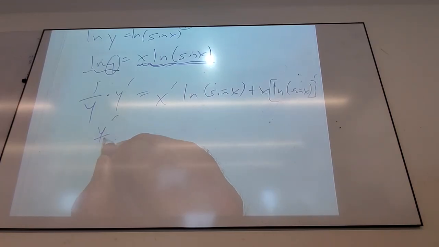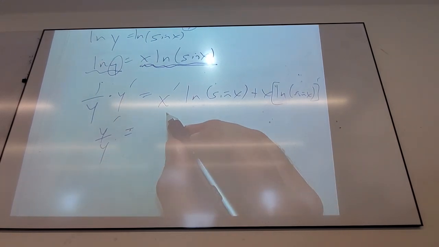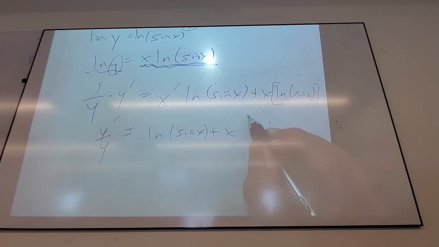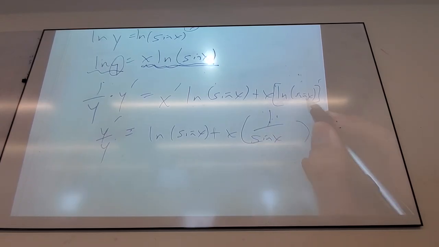So here I get y prime over y, like Paola said I should write it, and I agree. Derivative of x is 1 plus x times, what's the derivative of ln of stuff? 1 over stuff times derivative of stuff. What's the derivative of sine?